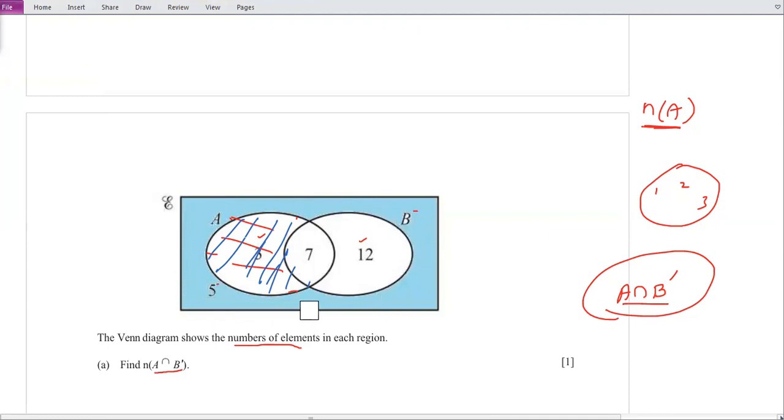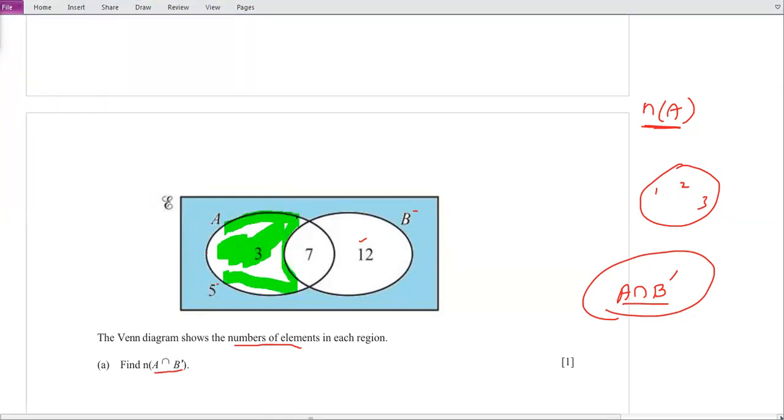And within that, how many numbers are coming? We shaded A intersection B complement, and within this portion, which is A intersection B whole complement, how many elements are appearing?